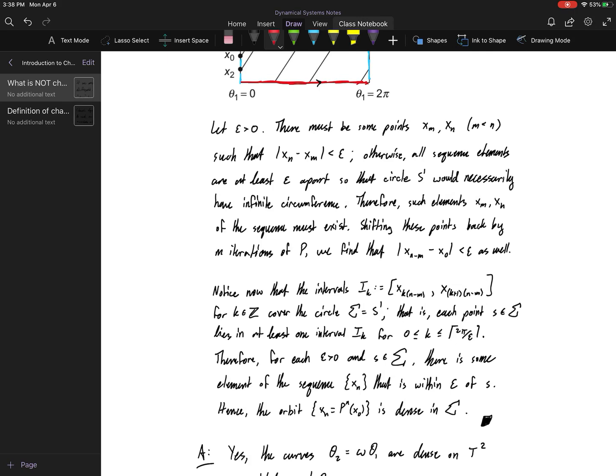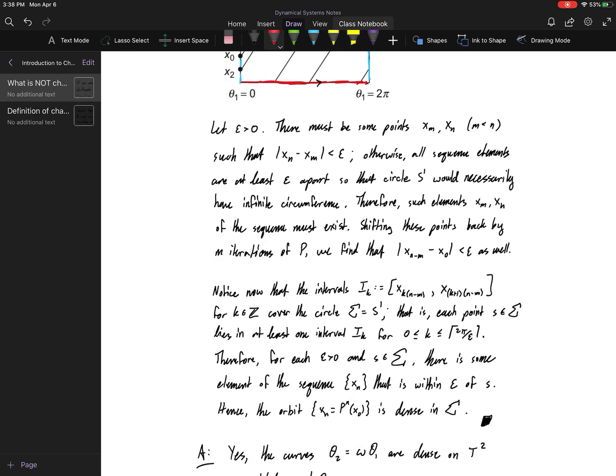So for each epsilon and point s in sigma, we can construct that cover, put little s inside one of those intervals, and then we would have a pair, our choice really, of either x_{k(n-m)} or x_{(k+1)(n-m)} as being some element that is within epsilon of that s.